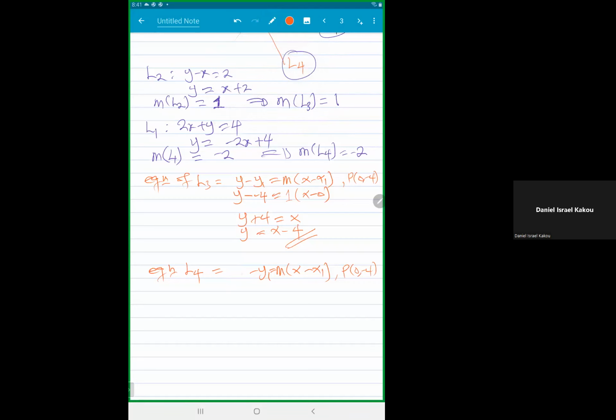So that is y minus y1. So I eventually have y minus y1 is minus 4. And m this time, that is the gradient of L4, is minus 2. I have x minus 0. Eventually I have y plus 4 is equal to minus 2x, right? So finally I have y is equal to minus 2x minus 4 as the equation of the other line.